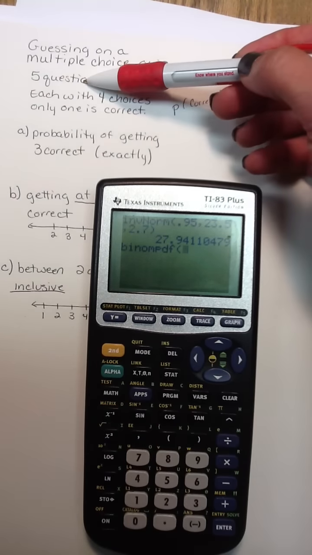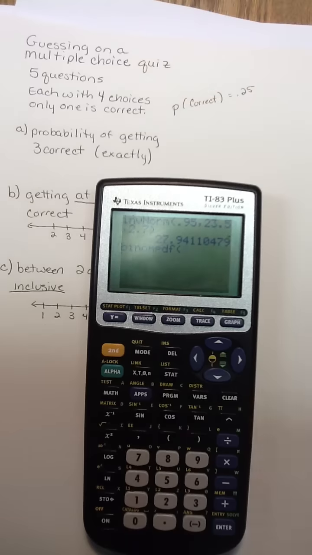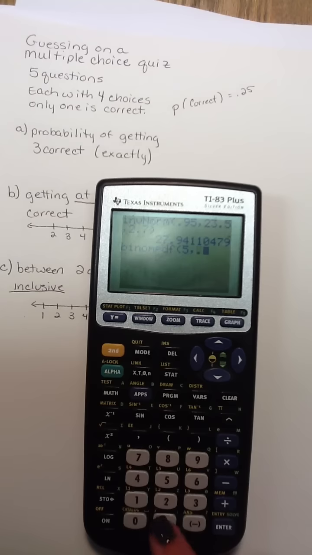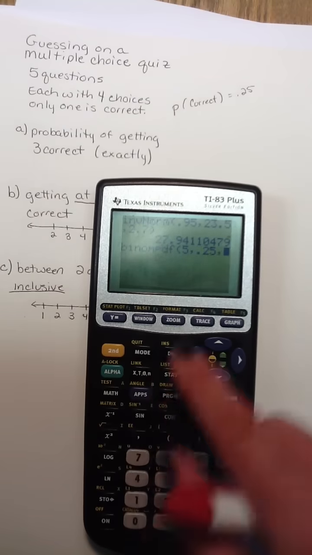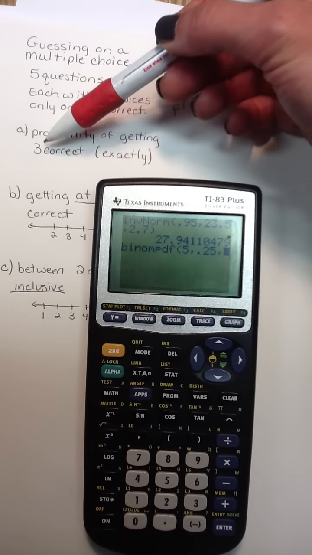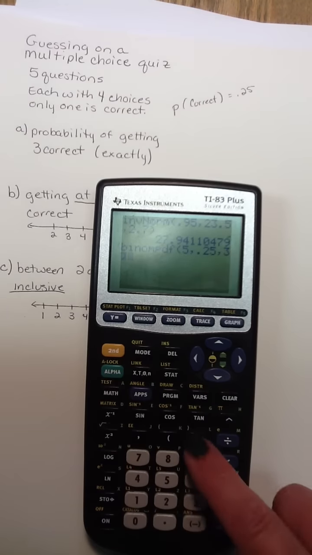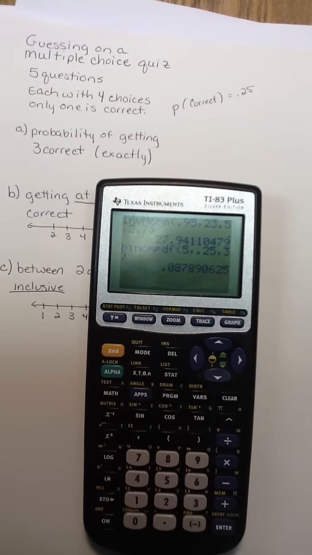Our n value will be 5 questions. So we have 5 for n, our p value 0.25, and our x value, we're trying to figure out probability of getting 3 correct, so 3 will be our x, and enter.